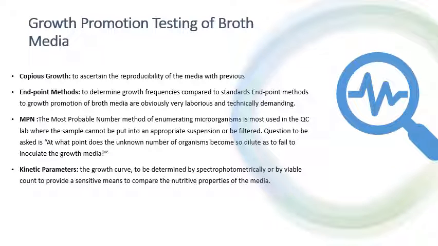The MPN, which is the most probable number enumeration of microorganisms, finds particular utility in the QC laboratory, quality control laboratory, when sample characteristics such as clumping or complex matrix preclude its conversion into a homogeneous suspension, which is amenable to direct counting or filtration methods.